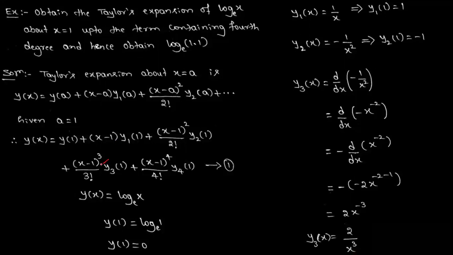We found the derivative, but we want the derivative value at 1, that is y3 of 1. Now let us put x is equal to 1 here and here. What we get? 2 by 1, which is 2. y3 of 1 will be 2, because when we put 1 here, we get 1 cube, which is just 1 only.